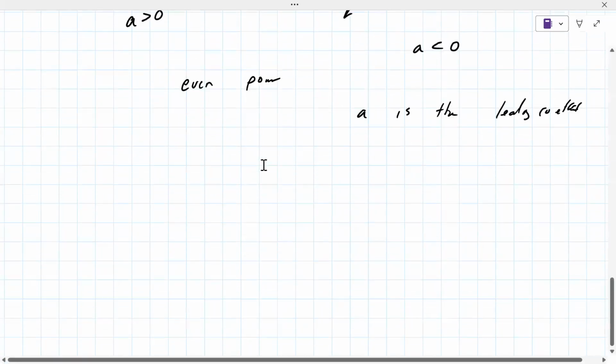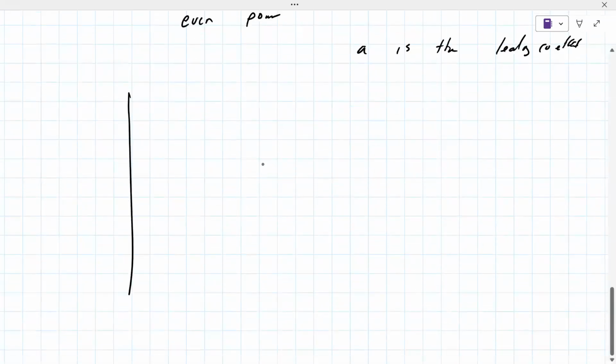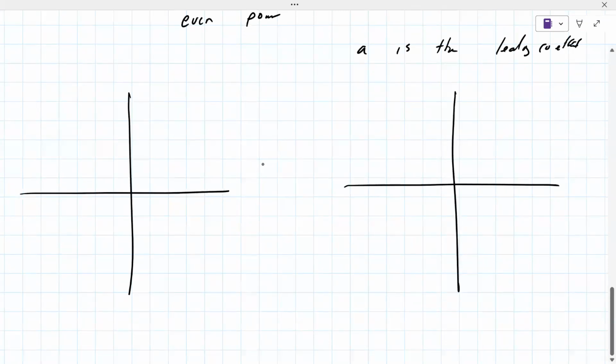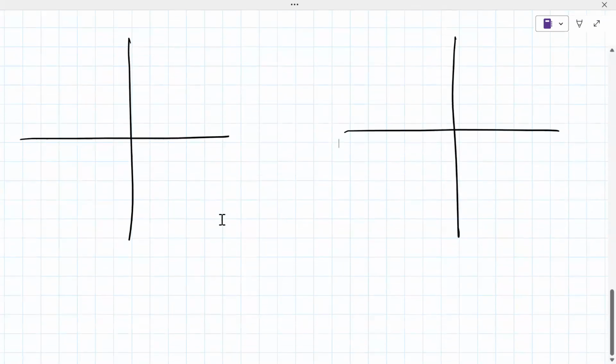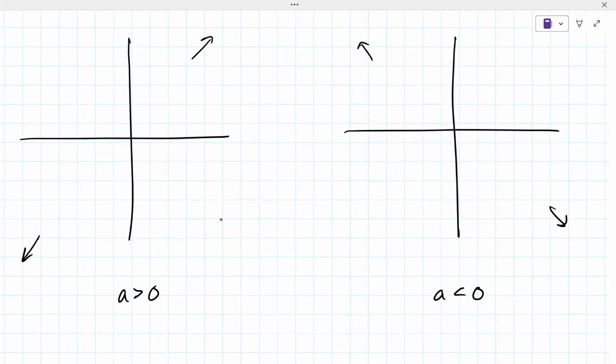Okay. Now for the odd ones, again, I send these notes at the end, but for the odd powers, it starts low and ends high, or starts high and ends low. A greater than 0, A less than 0 for the odd powers.